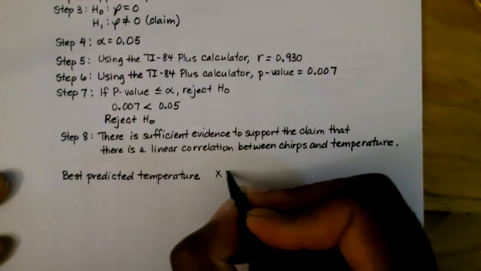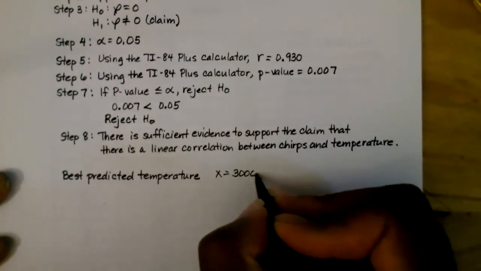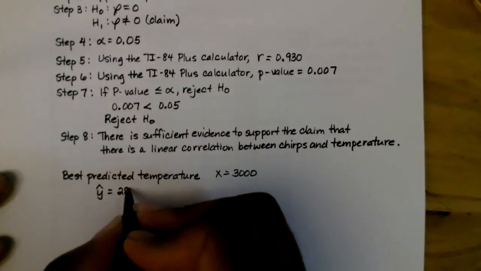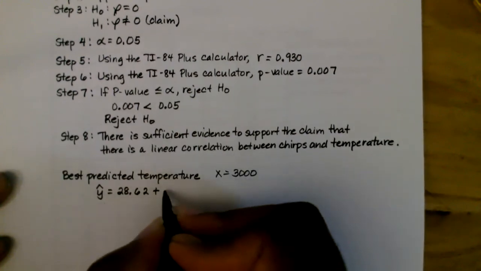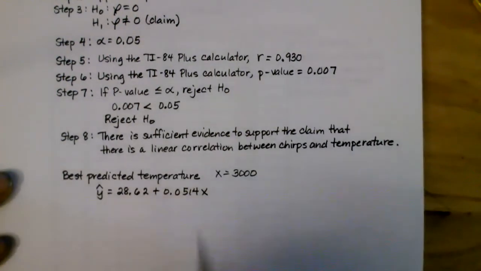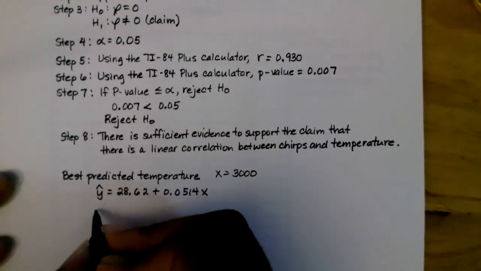So X is 3,000. Our regression equation was y hat is equal to 28.62 plus 0.0514 times x. So we would just substitute the x with 3,000.